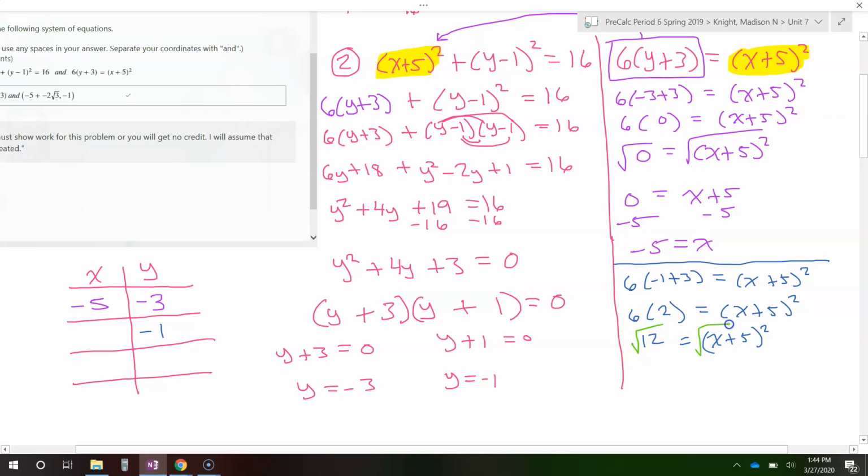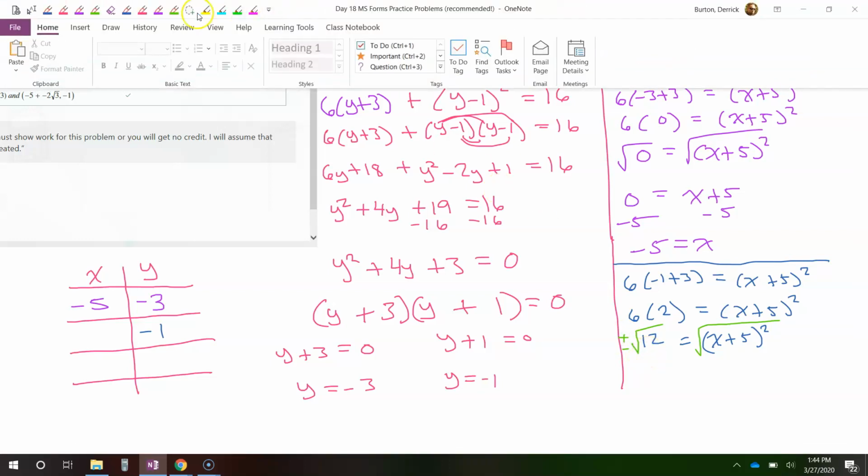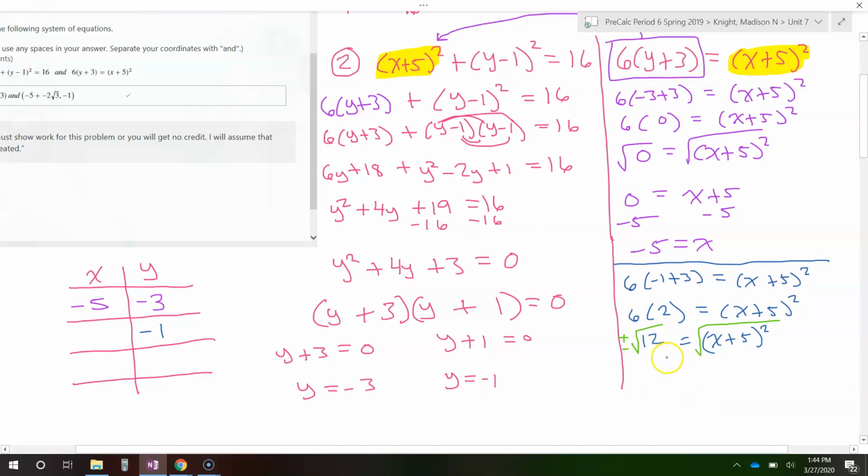Now this is very important. When you take the square root of both sides, don't forget that your solution will be plus or minus. So radical 12, maybe I should do this off to the side. Radical 12 is the square root of 4 times 3.